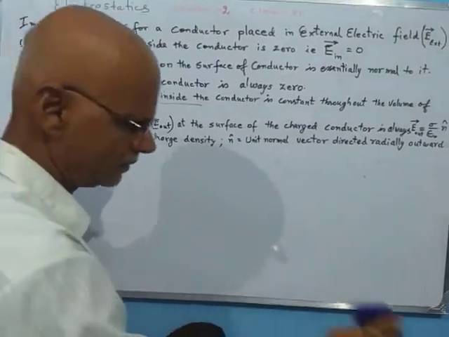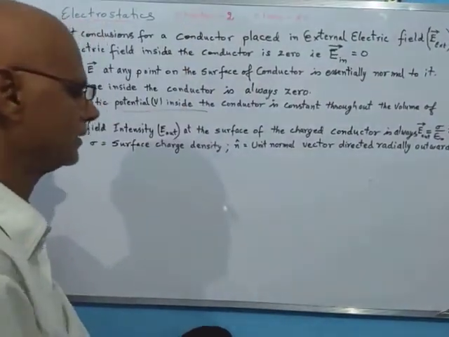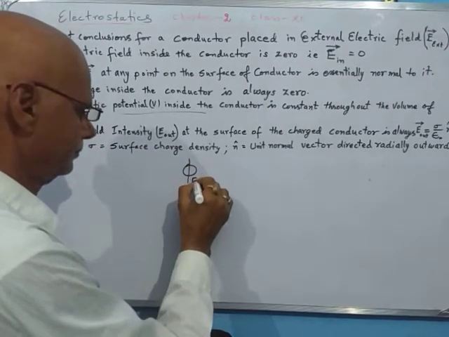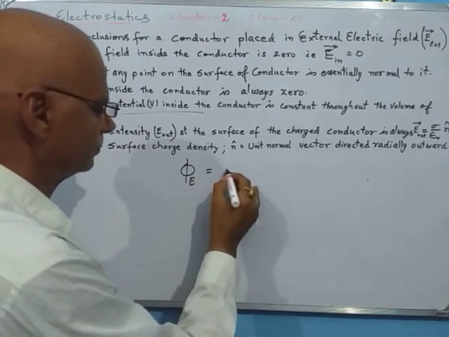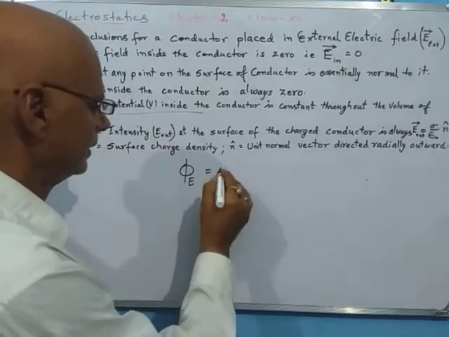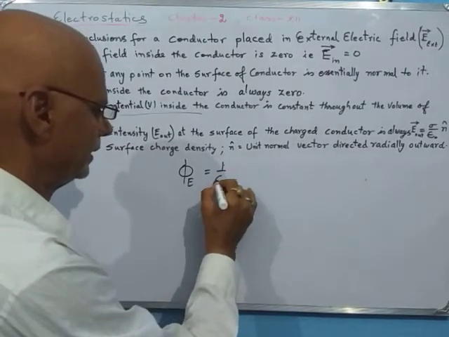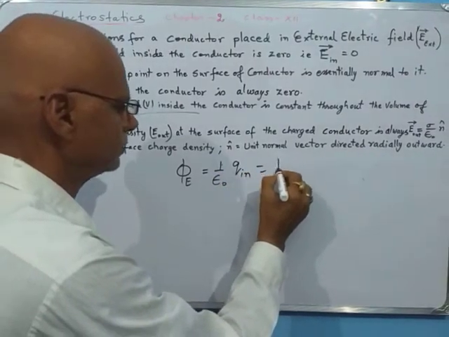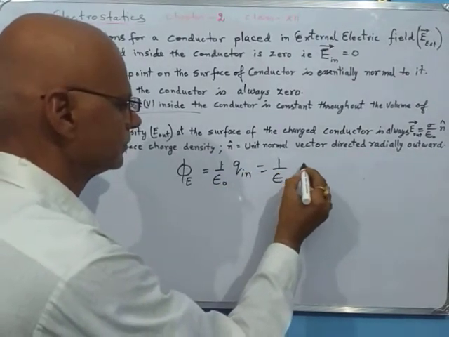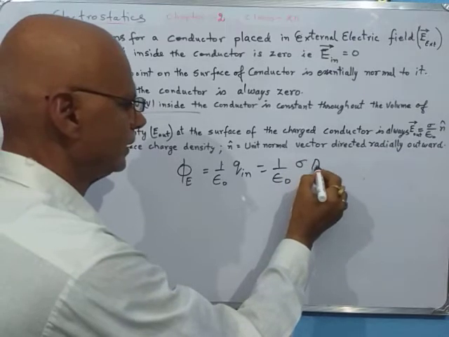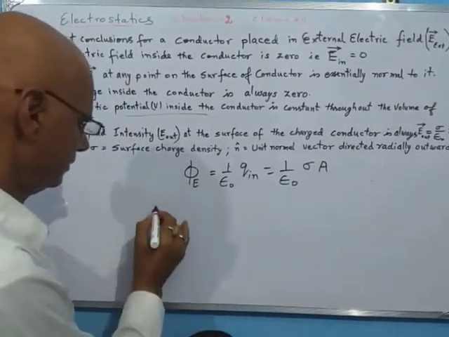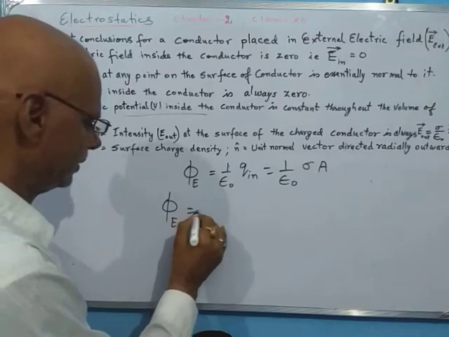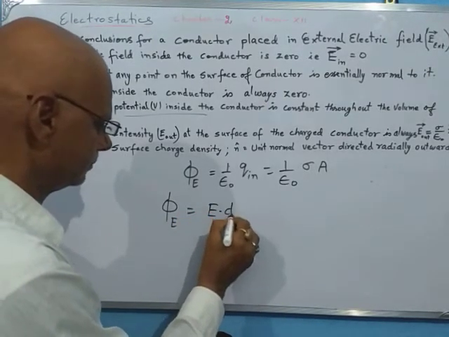To prove this, you see that electric flux is equal to 1 by epsilon naught q in, but q in is equal to sigma into A, and also we have electric flux equal to E dot ds.